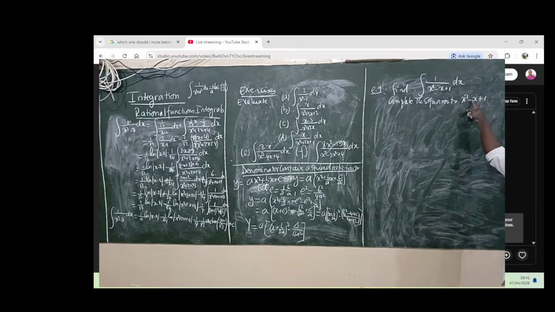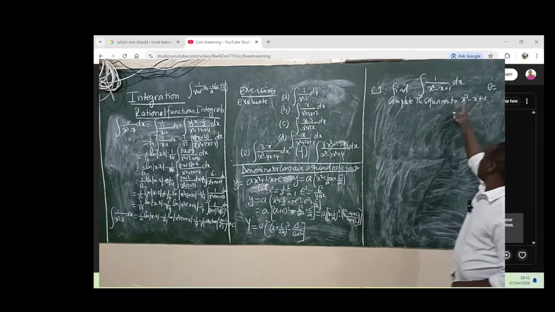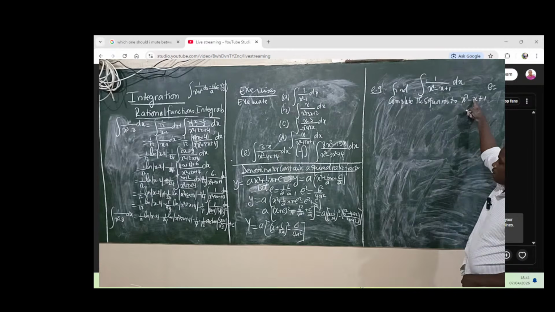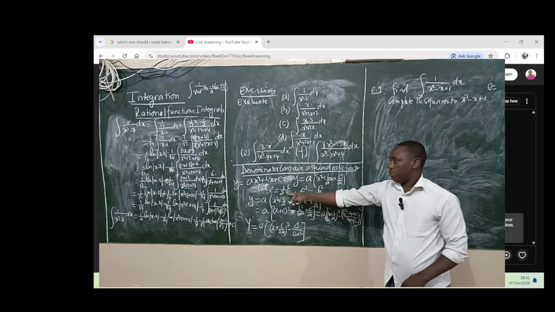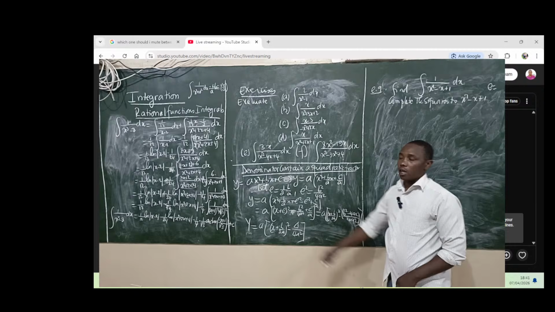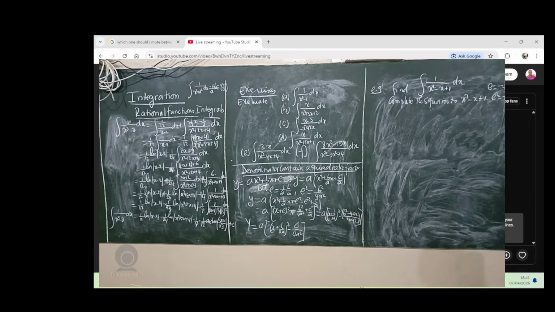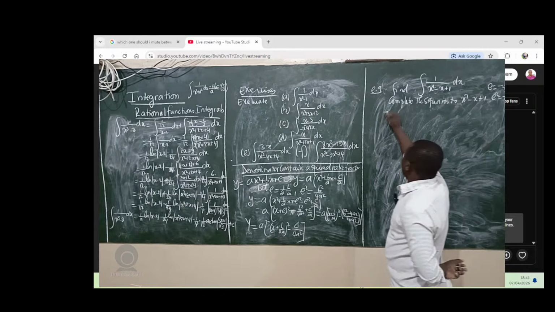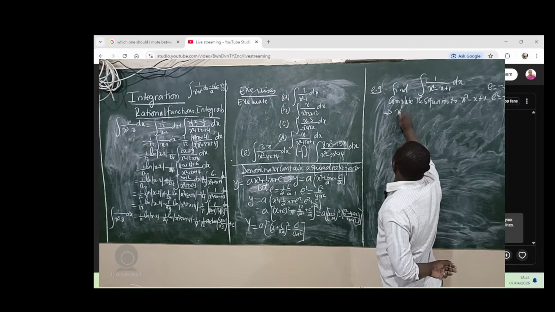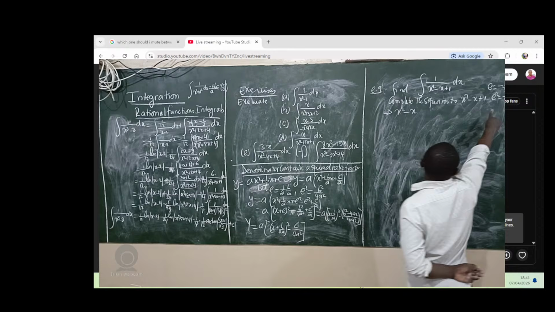So e is going to be, we take b over a, our b is minus 1, and remember we multiply by a half. This is minus 1 over 2, and its square is 1 over 4. This is what we are going to add: 1 over 4 minus 1 over 4 plus 1.